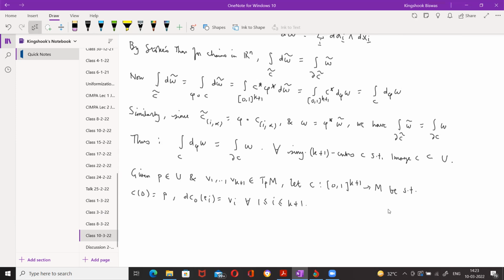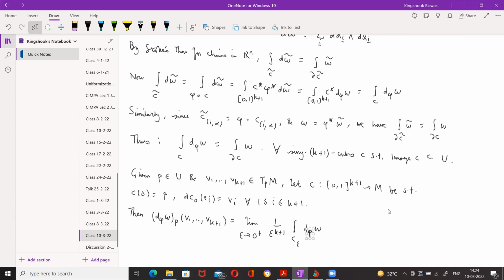Okay. Then we know that d_phi omega at P of v_1 to v_(k+1) is the limit as epsilon tends to 0 of 1 over epsilon to the k plus 1 times the integral over C_epsilon of d_phi omega.